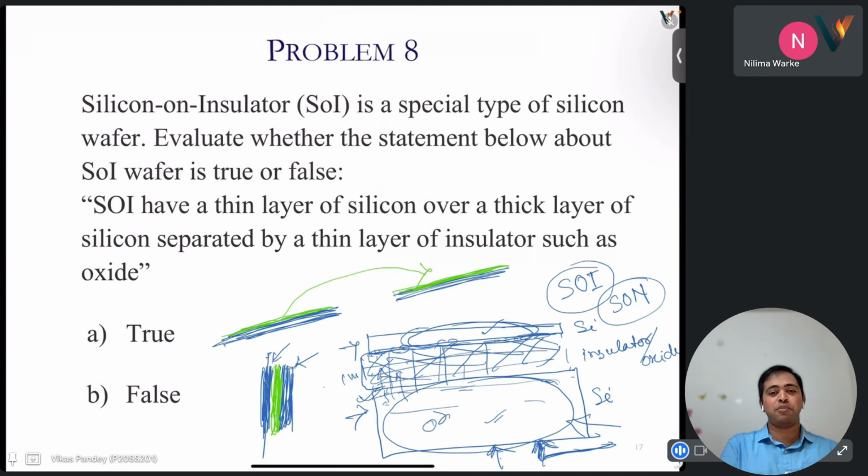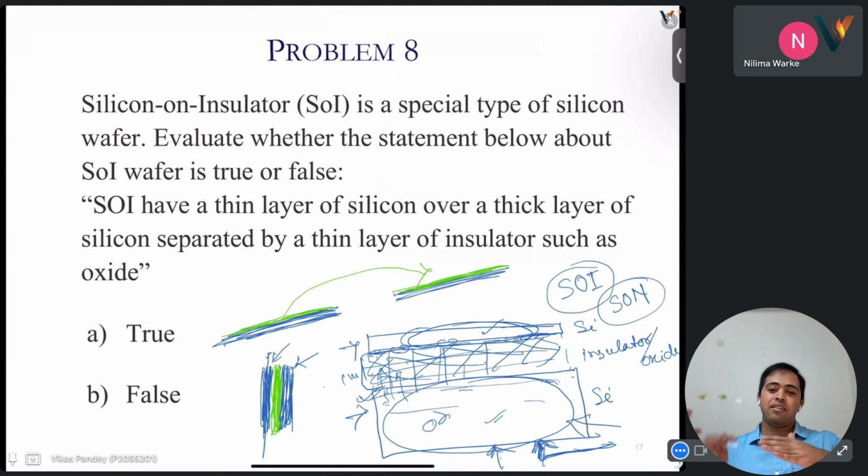I remember this because during my masters, I exactly thought like you, what is the purpose of this? So I tried to remove it. I created a device without it. I was working on SON, silicon on nothing.